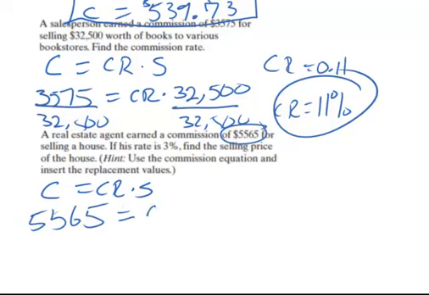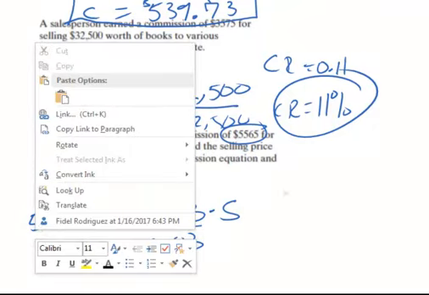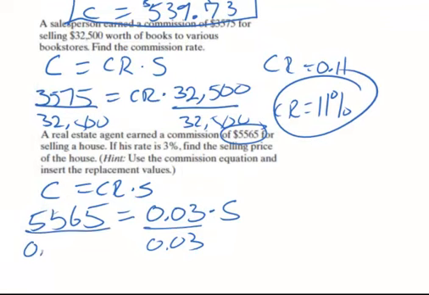His commission rate is 3%, 0.03 times, we don't know how much that house sold for, that's what we're trying to find. So I need to get rid of my 0.03. I can do that by dividing by 0.03. So I'm going to take my calculator, 5565 divided by 0.03, and that house sold for $185,500.